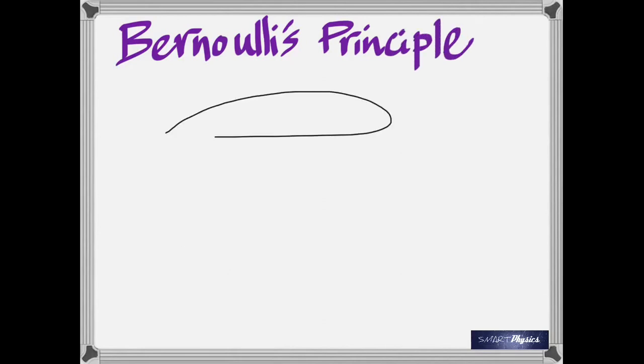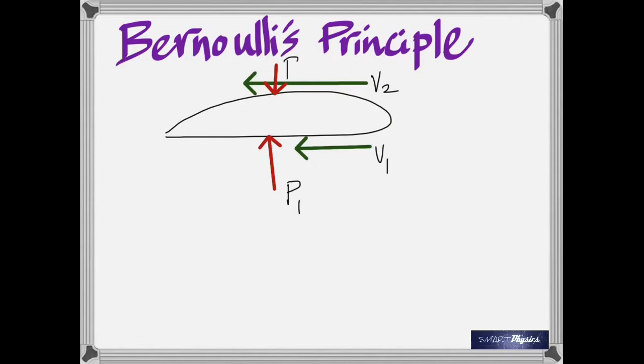Bernoulli's Principle, how can we ever forget about the principle that helps us travel in an airplane? Okay, so let's look at that, Bernoulli's Principle. That's the wing of the airplane. The velocity of the air at the bottom is V1 and at the top is V2. And the pressures at the bottom, P1, at the top, P2.